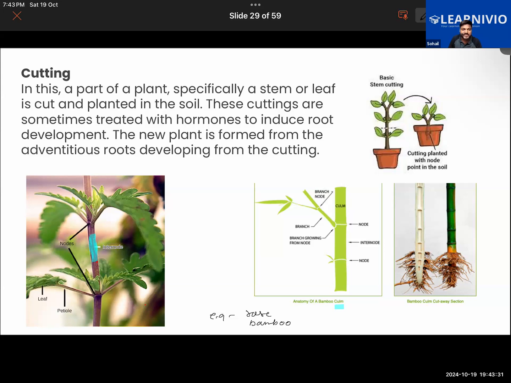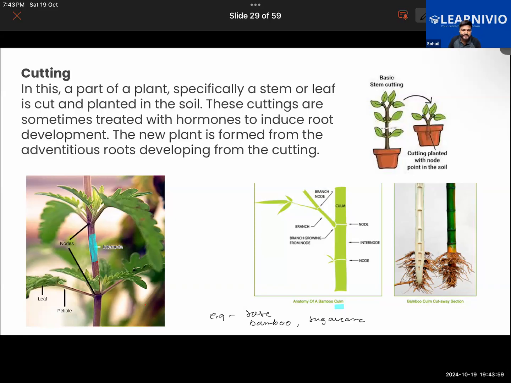Can you guys think of some other examples of plants that can be grown by the cutting method, other than the ones we have mentioned here? A very common plant, we have sugarcane. Yes, exactly. Sugarcane is also grown by the cutting method. Other examples?